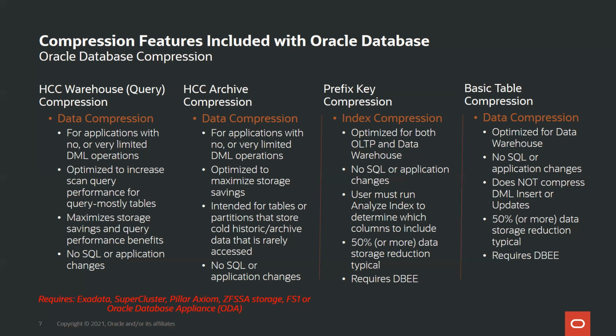You typically would not want to use that with OLTP applications because the data is only compressed when it's loaded. The data compression is not maintained during DML operations. But it is good to note that these are included with Enterprise Edition. So if you just want some basic index compression, data compression, or if you're on one of the platforms that supports Hybrid Columnar, these are available to you if you're running Enterprise Edition.